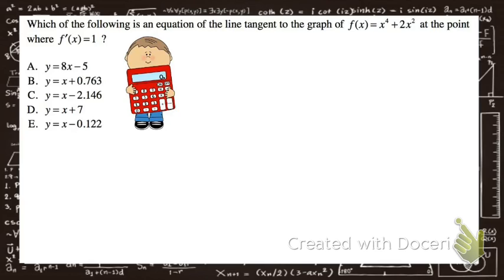In your calculator, I want you to think about this question and try to use your calculator to help you solve it. Which of the following is an equation of the line tangent to the graph of f of x equals x to the fourth plus 2x squared at the point where f prime is equal to 1? Go.